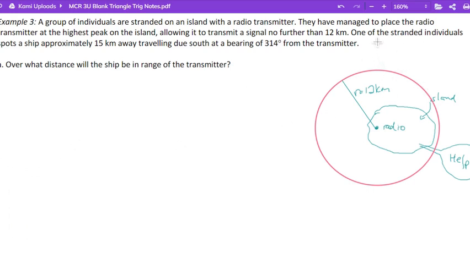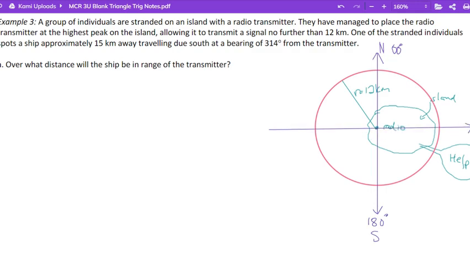In order to do that, we need to place the compass rose around the radio. That's north, and we remember that north is 0 degrees. That's south, and south is 180 degrees.